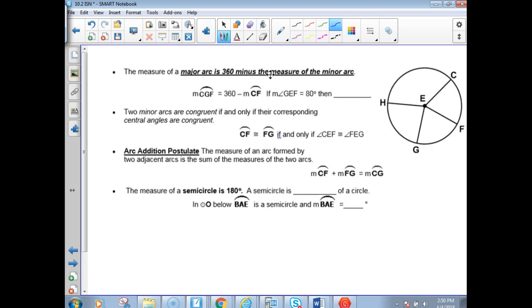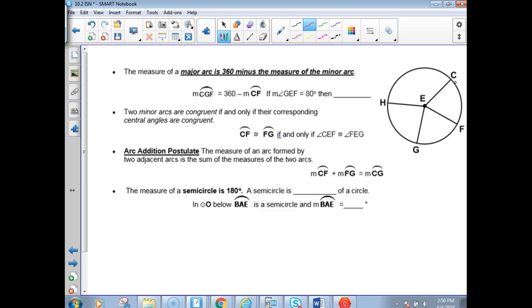The measure of a major arc is 360 minus the measure of the minor arc that's related to it. So in this picture, if you wanted to know the measure of arc C through G to F, you have to go in that direction. So the second letter tells you which way to go.